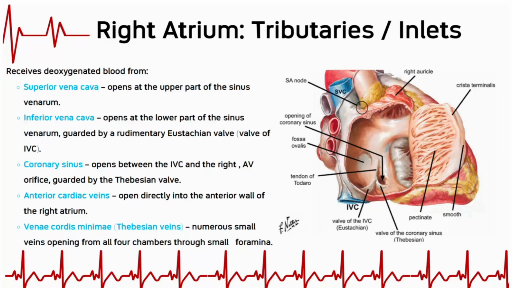These are mainly draining blood from the chordae tendineae, the pectinate muscles, things like that. So these are very small veins, and they're coming from all corners of all four chambers.